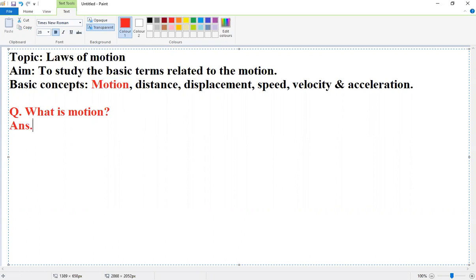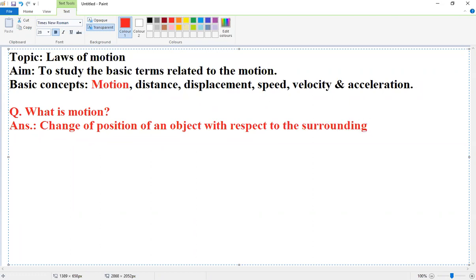And as we have discussed earlier, motion is nothing but the change of position of an object with respect to the surrounding.